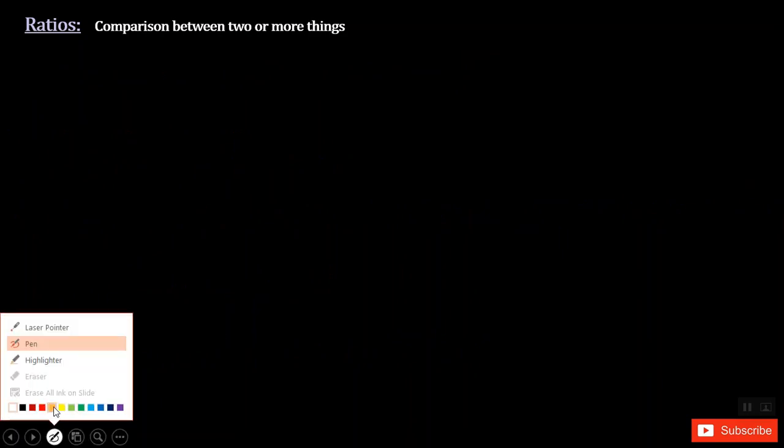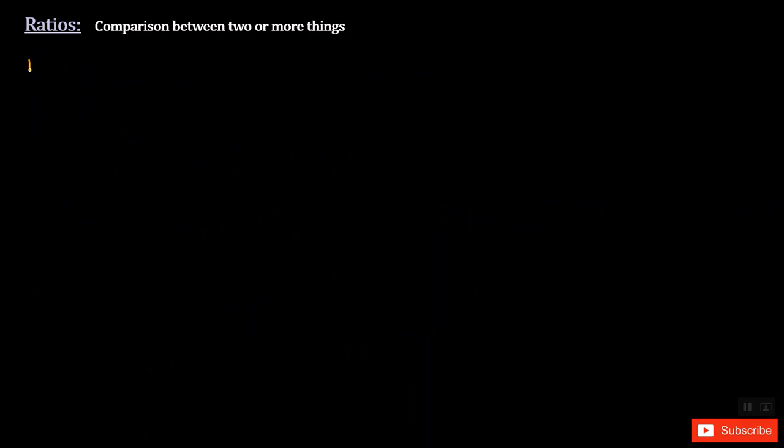Let me just erase this all. Okay. You may also expect a question based on this. If the ratio of P is to Q is equal to R is to S, so this can also be written as P by Q equals R by S. That is the componendo and dividendo, the other rule of ratios and proportions, so we'll be discussing it later.